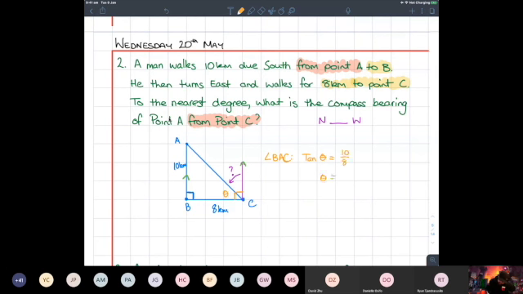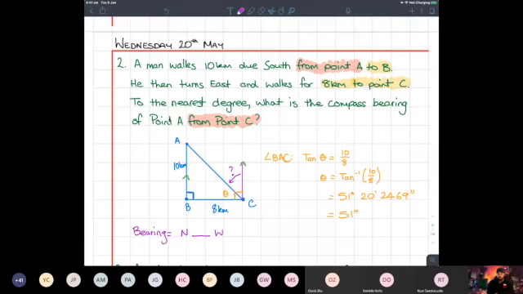So theta is going to equal inverse tan of 10 on 8, which equals 51 degrees, 20 minutes, 24.69 seconds. So what we have there is 51 degrees when I round that to the nearest degree.